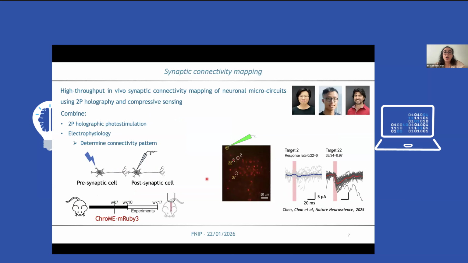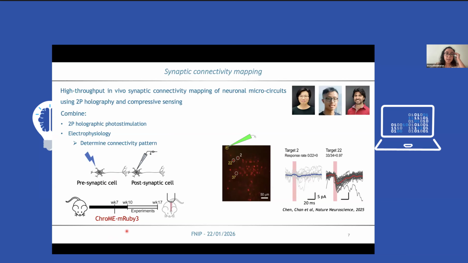So one example of the work that we perform in the lab using these tools is this proof of principle of high-throughput in vivo synaptic connectivity mapping. In this study, published last year, Joe and Dimitri here combined two-photon holographic photostimulation with electrophysiology to map the connectivity of layer 2-3 in the mouse visual cortex.